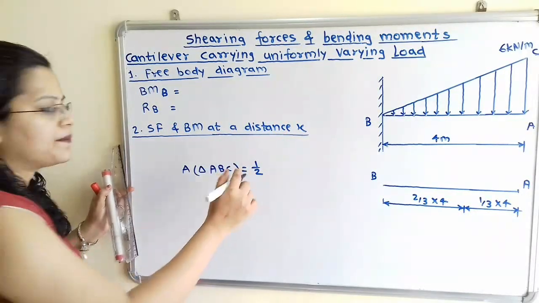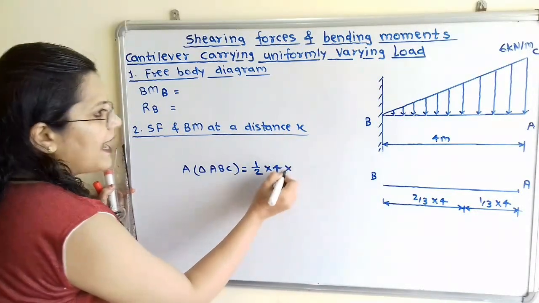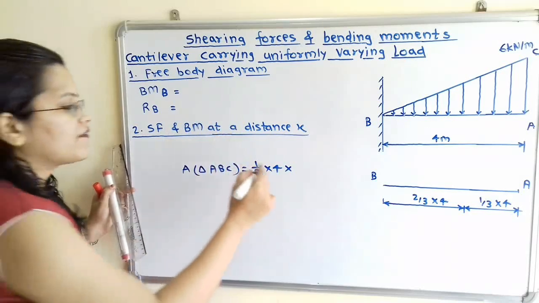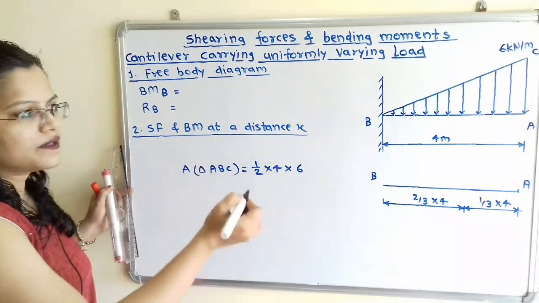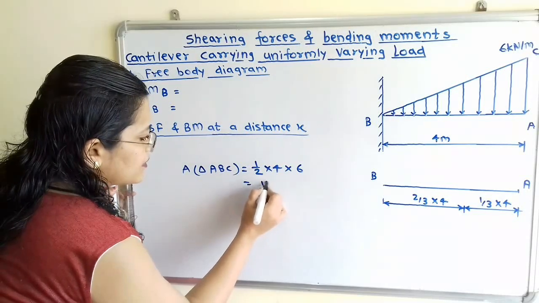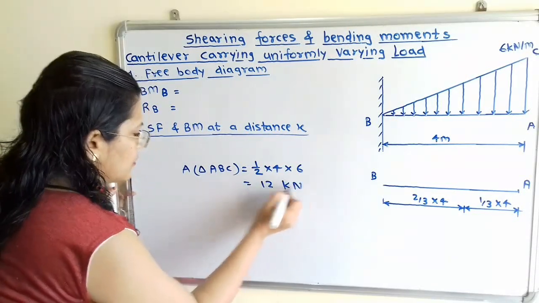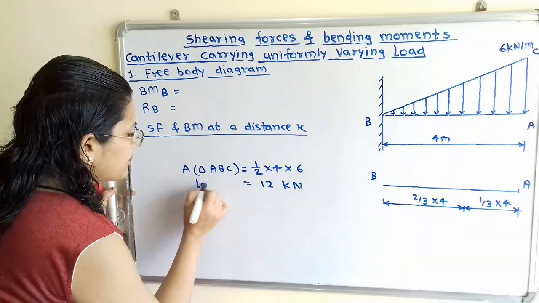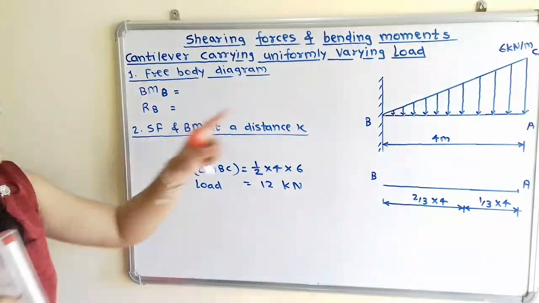Base is AB, which is equal to 4, and height is AC, which is equal to 6 kN per meter. So we calculate this, which is equal to 12 kN. So this is the load which is acting.